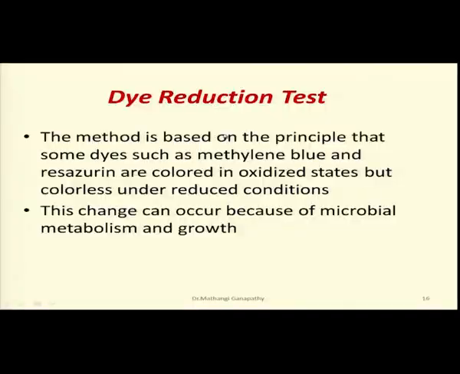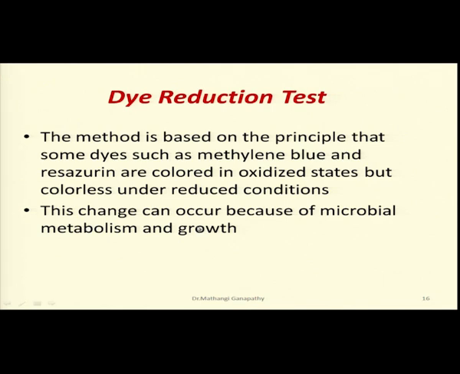Dye reduction tests. This method is based on the principle that some dyes like methylene blue and resazurin are colored in oxidized states, but colorless under reduced conditions, and this change from oxidized to reduced condition is because of microbial metabolism and growth.